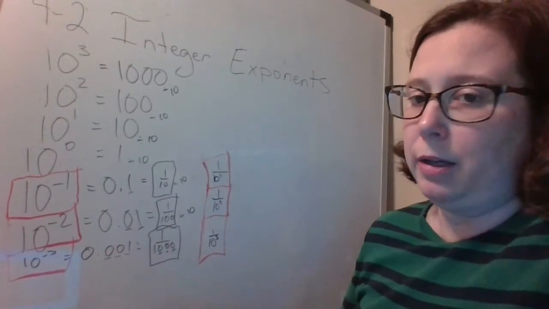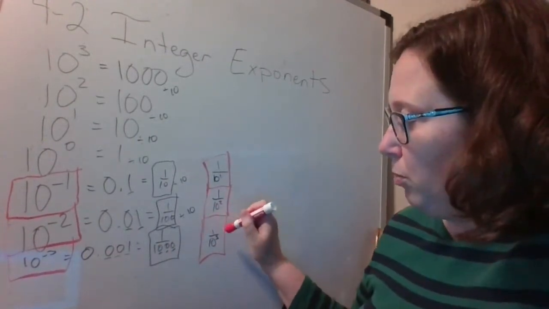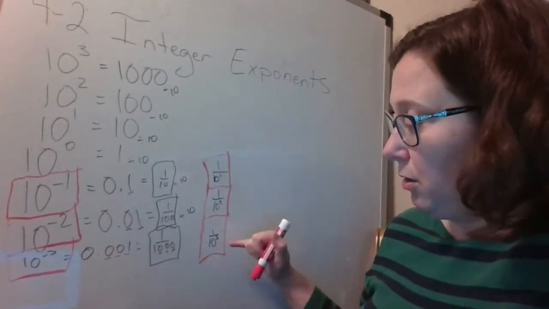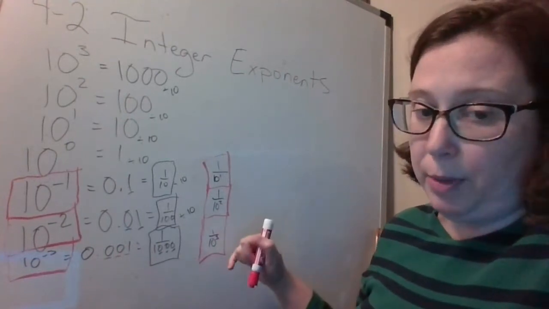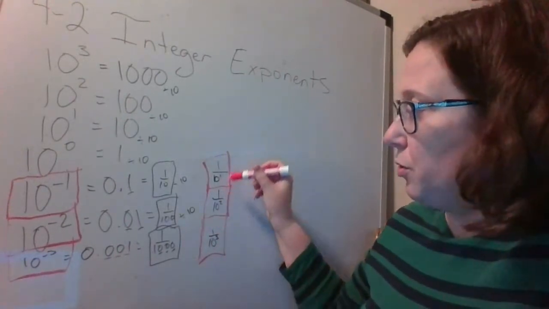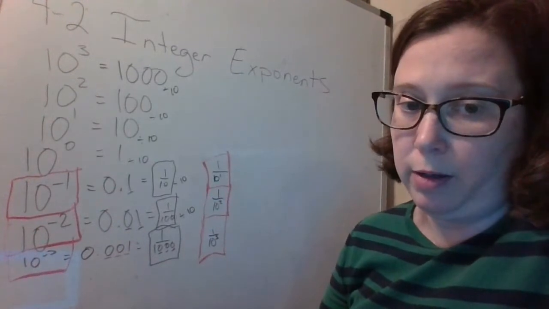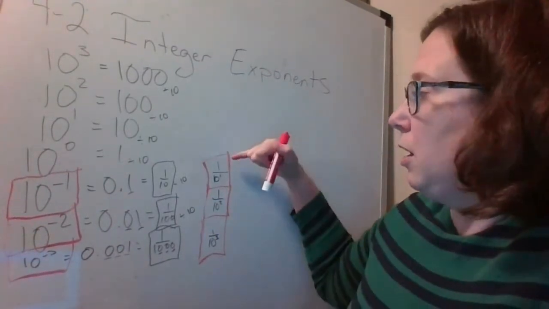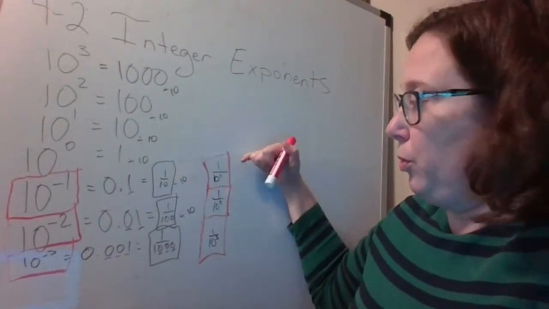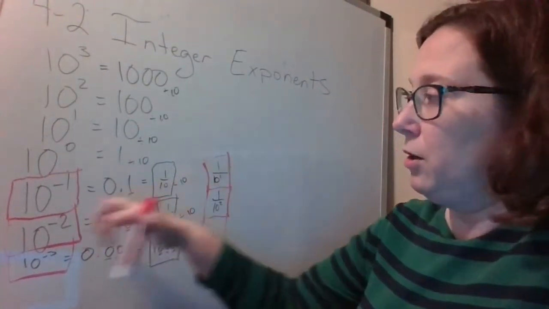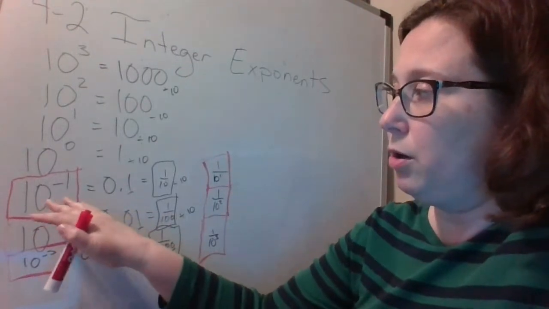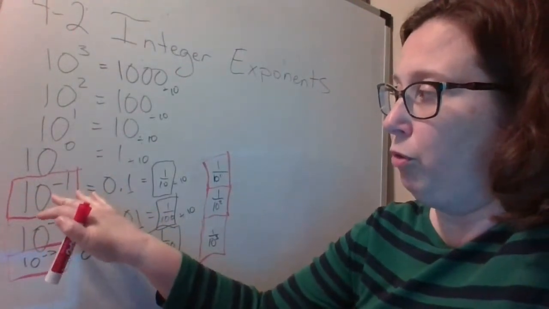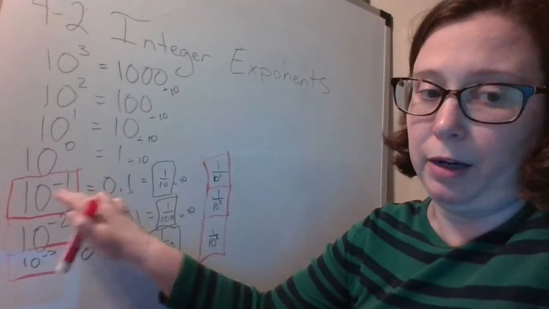The way that that is going to disappear is that you make your 10 cubed your denominator. Your numerator is always going to be 1. Always. So with these integer exponents, you're going to make your numerator 1. Your denominator is going to be whatever your number in exponential form was. Just leave out the negative.